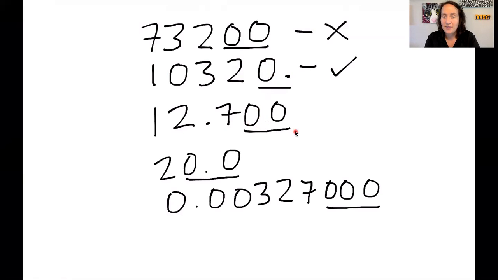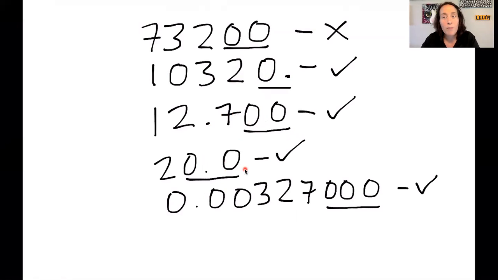Any trailing zeros that occur after a decimal place, so in this example, and in this example, and in this last example, those are all significant. Okay, so significant, significant, significant.